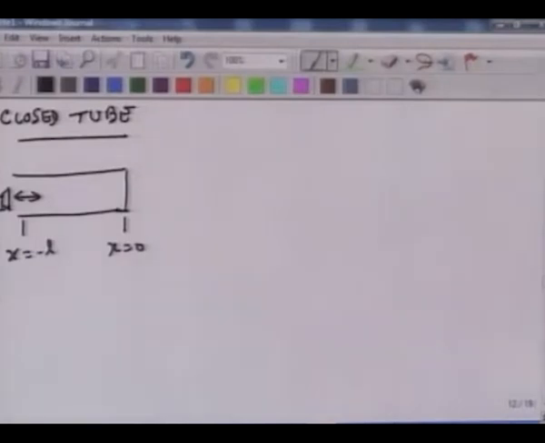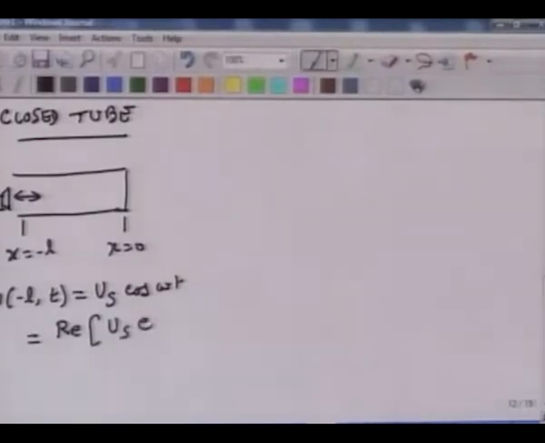My input excitation is that at x equals minus L, the velocity is US, it's a pure number, cosine omega t. So in complex notation I can write that as the real component of US e^(j omega t). Okay. So I calculate the instantaneous acoustic power per unit area.